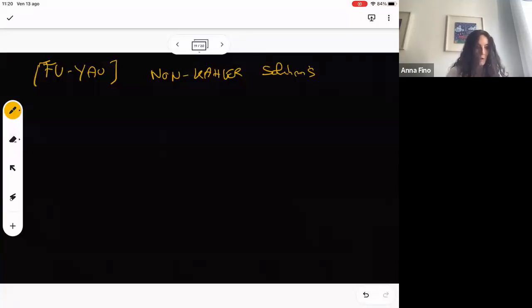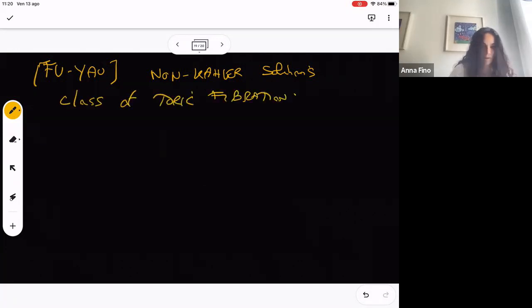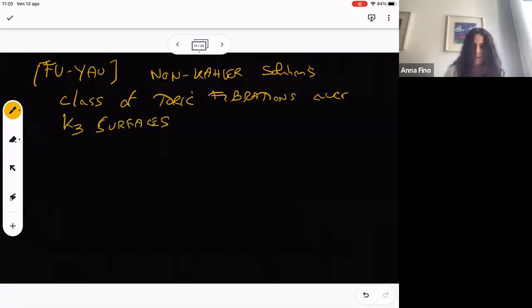What they use for that is a class of toric fibrations over K3 surfaces. And the construction that they use is due to Goldstein and Prokushkin.